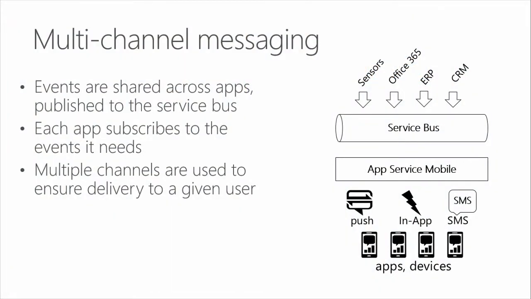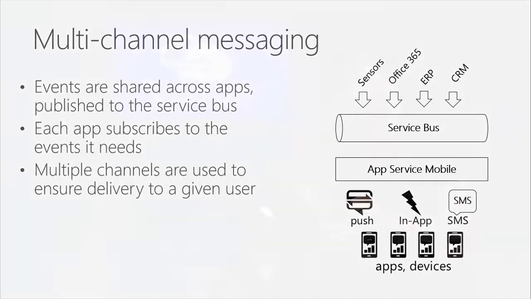And once they are in the bus, the individual apps can subscribe to the events of one or particular kind and deliver to your apps and devices using a variety of means. It doesn't have to be push notifications. It could be secure push, as we discussed before. It could be in-app messaging, which App Service Mobile features provide using SignalR framework, or could be SMS, which is part of App Service.